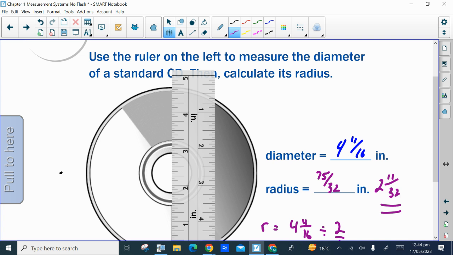I don't know what you mean. 4 and 11/16. I understand. You're saying the 11 looks like a 4. Okay, it's an 11 over 16. Sorry, I didn't understand what you were asking.